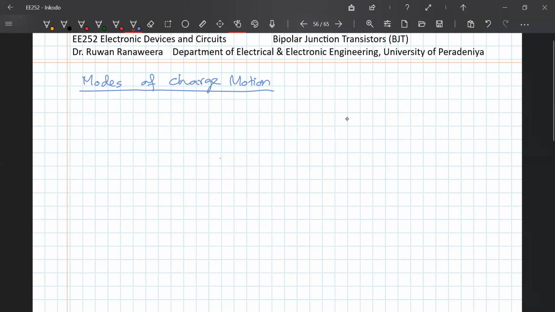There are two processes by which electrons and holes move inside the semiconductors. Charges, basically electrons and holes, move due to two processes.